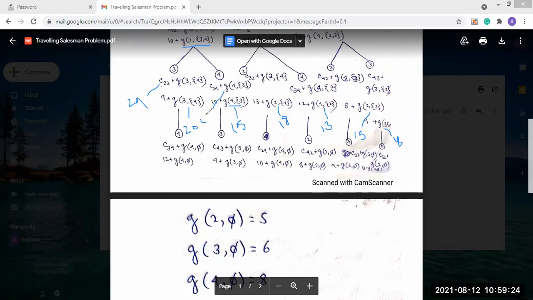So between them, the minimum is 25. So this value will be 25.